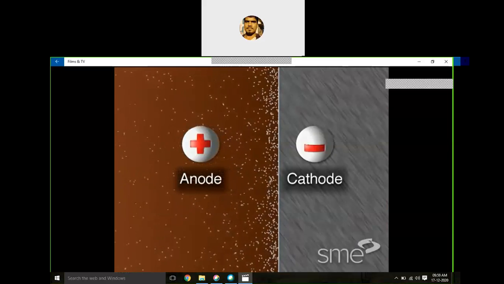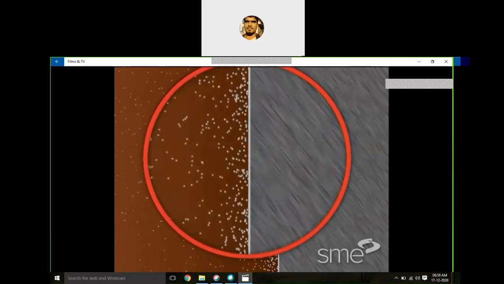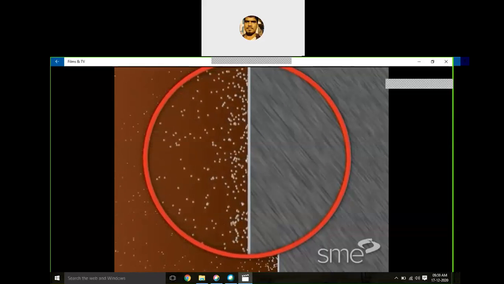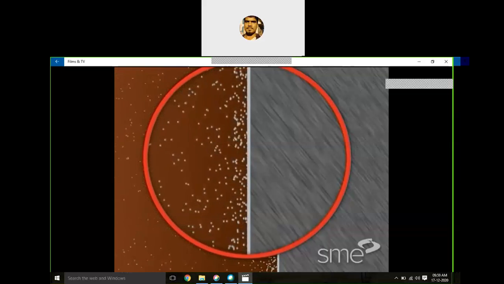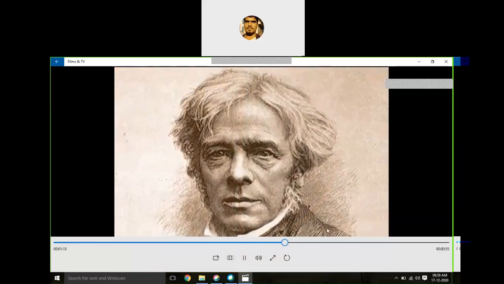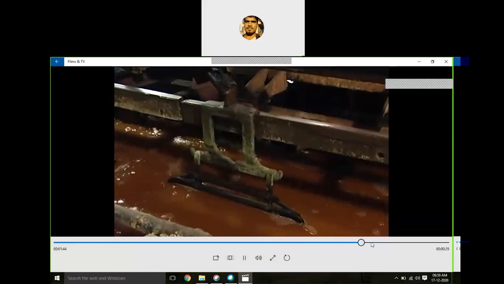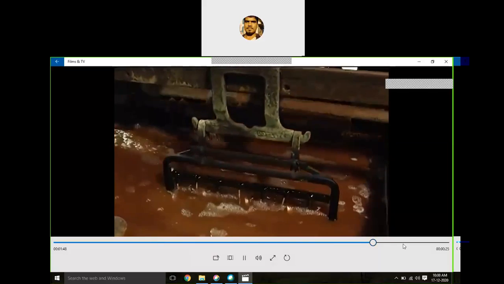These anode particles are deposited on the cathode substrate. Here it is deposited like this.